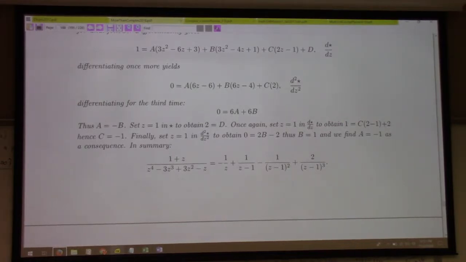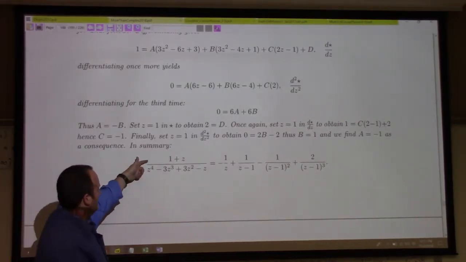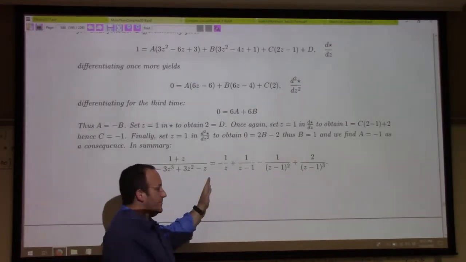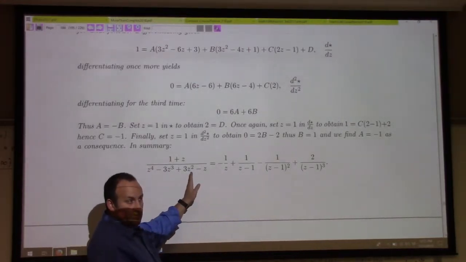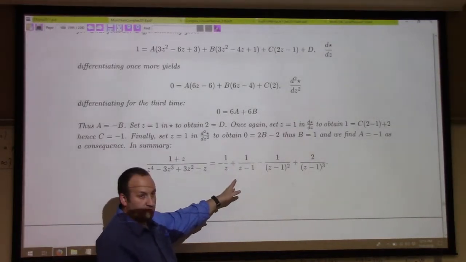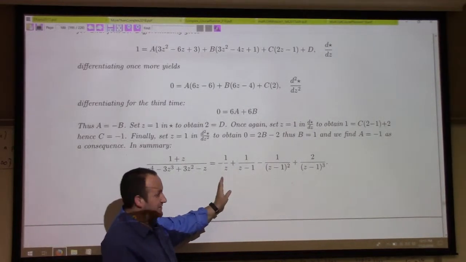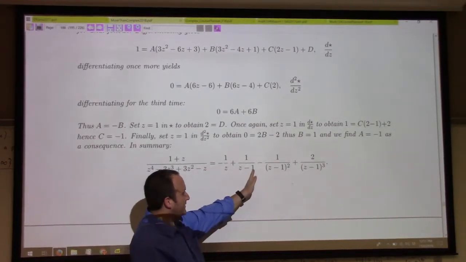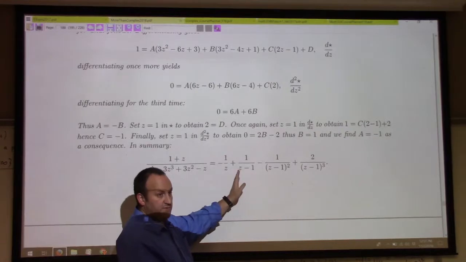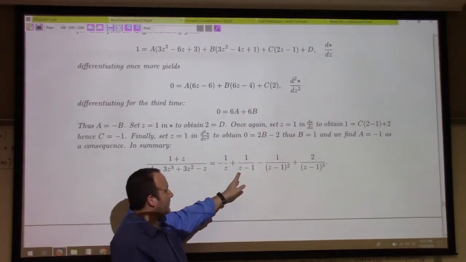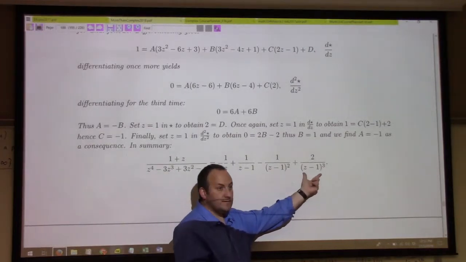So this 1 over the quartic has this partial fractions decomposition. The beautiful thing about this is you can see what the singularities are for this function directly from that, right? You've got a singularity at 0, and you've got a singularity at 1. There's no singularity at infinity because there's no polynomial piece.